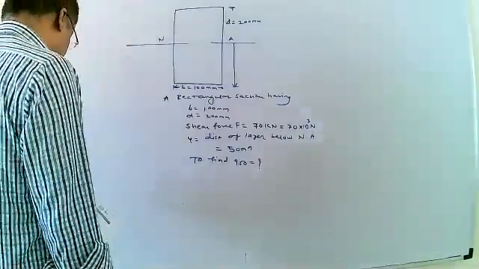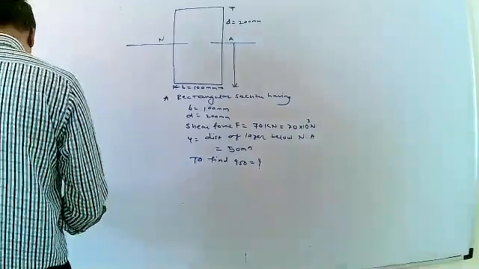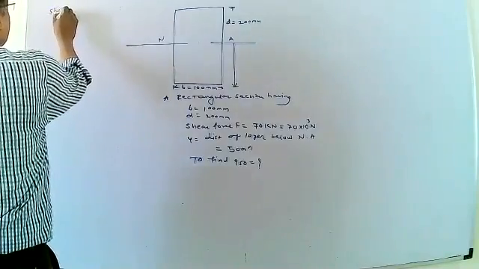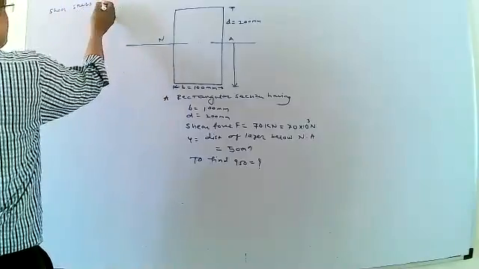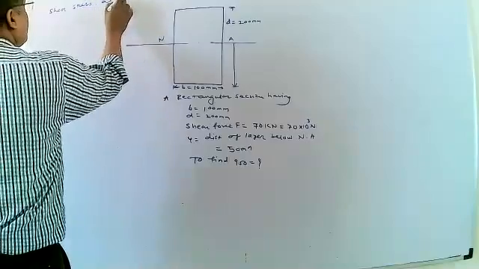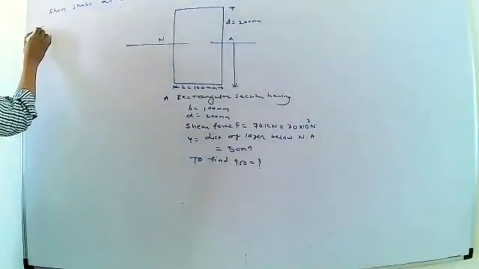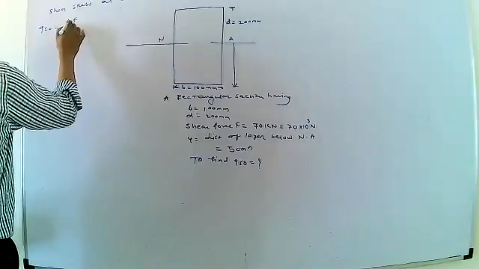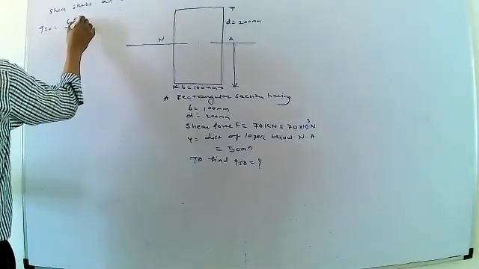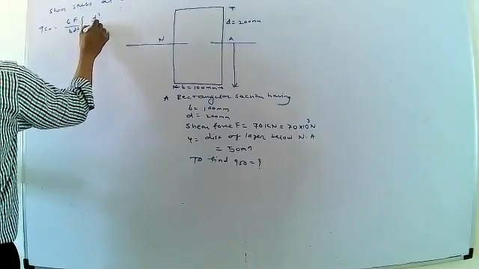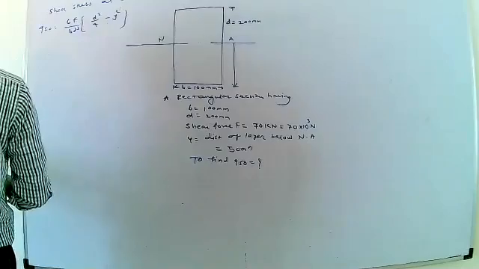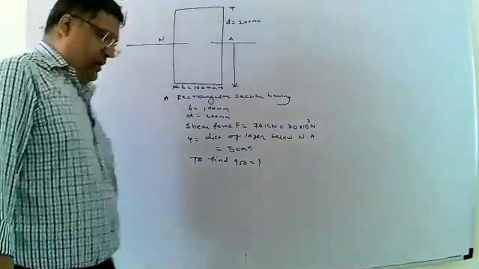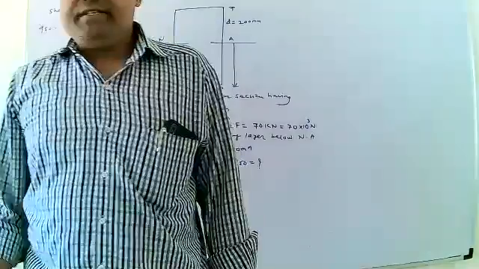If you want to find the shear stress at 50 mm, it is represented by a particular formula: Q50 equals 6F divided by b d cubed, times (d squared minus 4y squared).